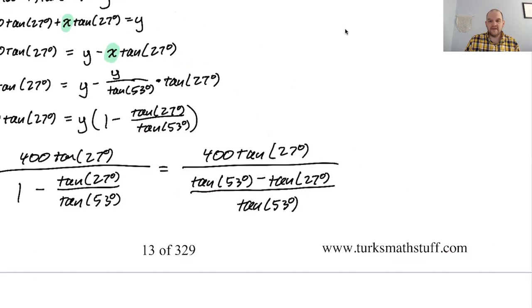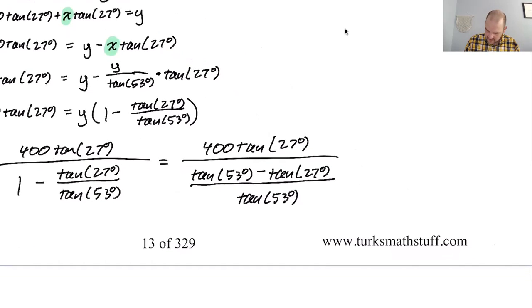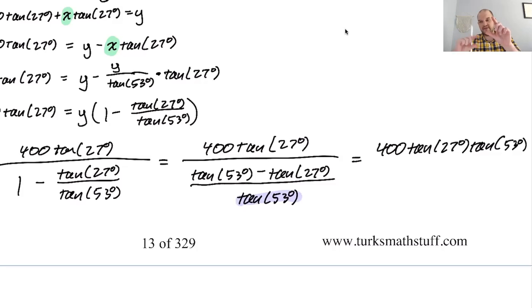Okay. And then my last step here for what I'm going to say y is equal to, I'm going to simplify the complex fraction and get 400 tangent of 27. So that's the original numerator. And then tangent of 53. So this tangent of 53 is this tangent of 53 right here, because the denominator of the denominator flips up to the numerator.